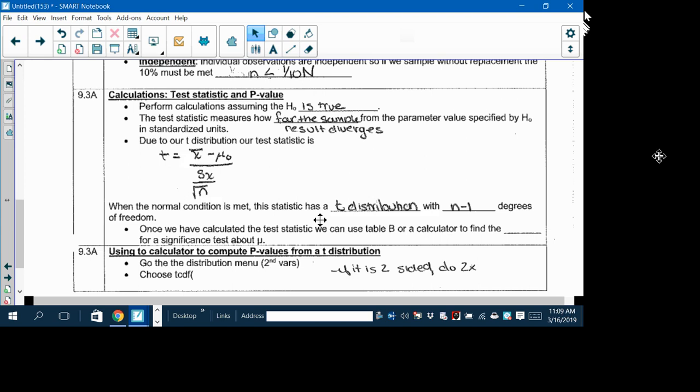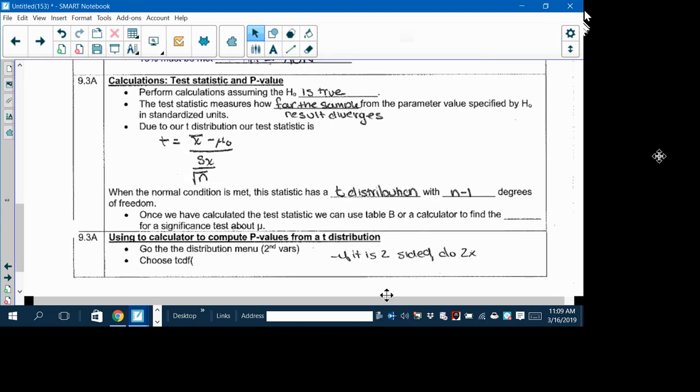When the normal condition is met, the test statistic has a t-distribution with n-1 degrees of freedom. We can use table B or a calculator to find the significance test or the p-value, okay? And we will do these also in class with your calculator, okay?